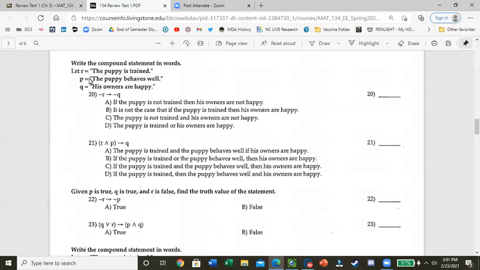Okay, so here we have if not R, then not Q. Okay, so let's look at the board.